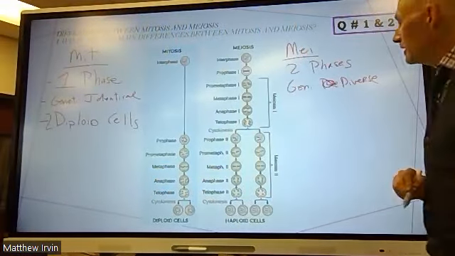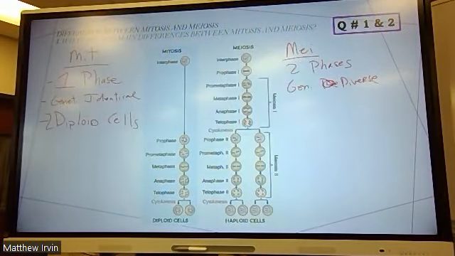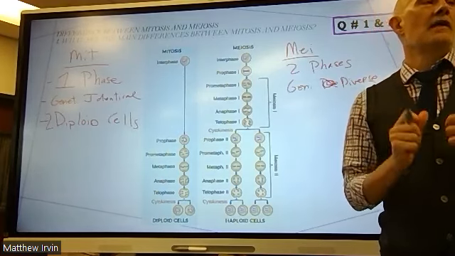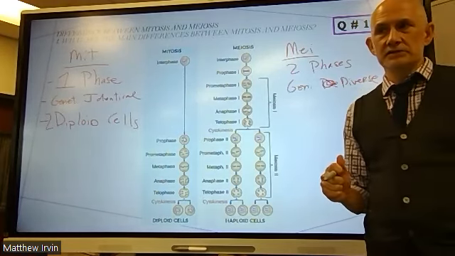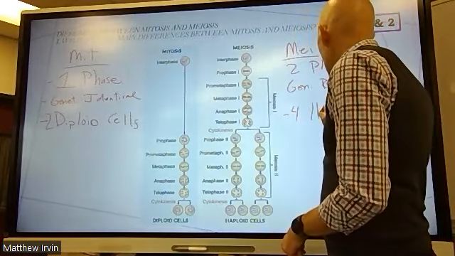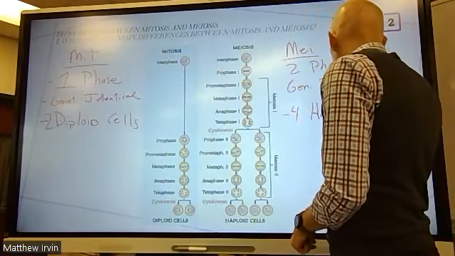However, in meiosis, the chromatids don't separate until the second phase. In the first phase, we separate the homologous pairs, and then we separate the sister chromatids. This gives us 4 haploid cells.